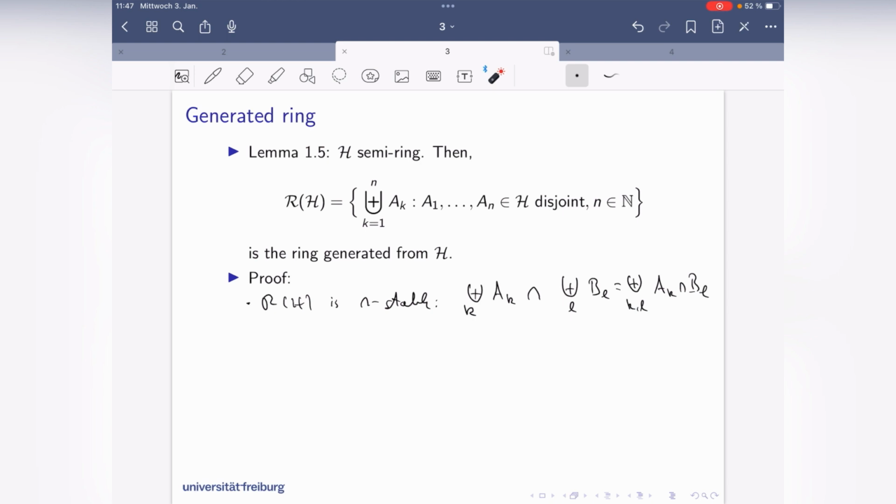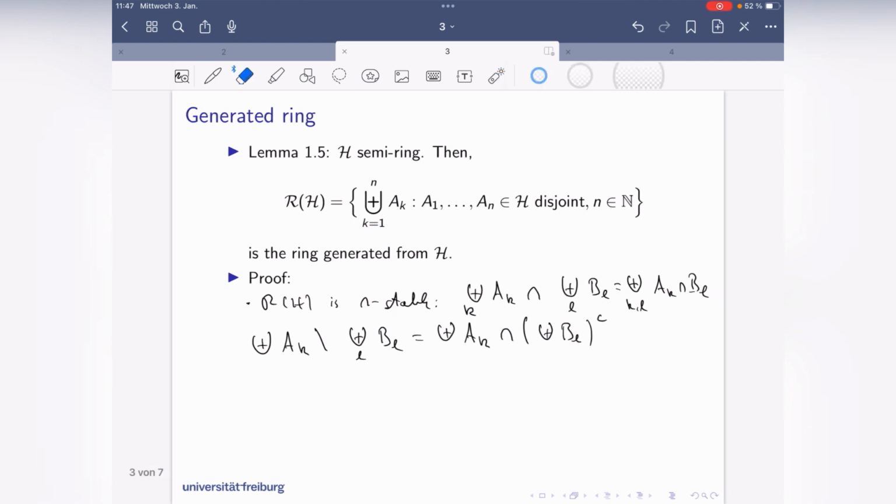So the second thing is set difference stable. Here I have to write the disjoint union of A_K, set difference with the disjoint union of B_L, and that's the disjoint union of A_K intersected with the complement of the union of B_L.